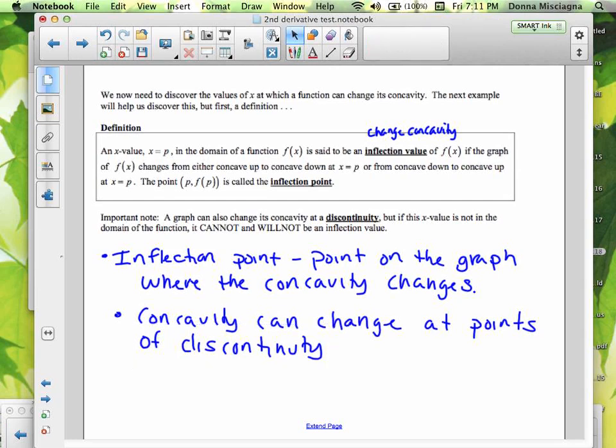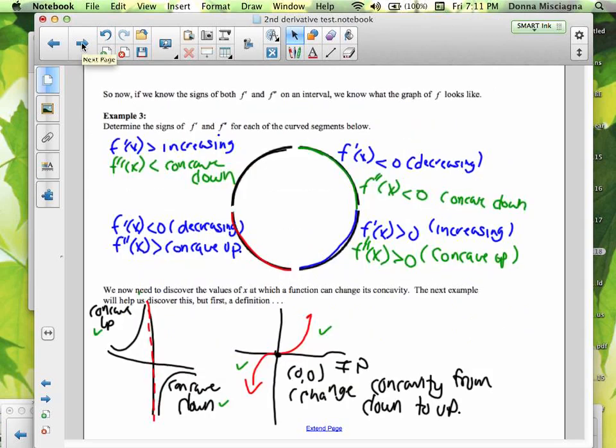So let's take a look at the graph back here. Notice there was a change from concave up to concave down at the vertical asymptote. So here there's no inflection point, but we changed at the vertical asymptote, right there.